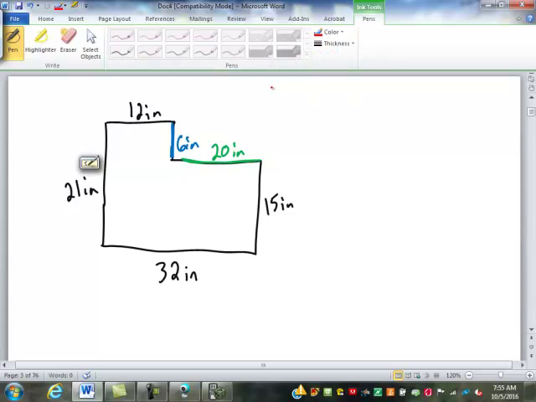Now, as we've mentioned a little bit before, we got 2 different ways we can go about this area here. What's one way we could do it? Break it up. Cut it across here or down here. Which way do you want me to go? Across or down? Across. Okay, we'll cut it across here. So we've got 2 shapes. Piece 1, how do we find its area?